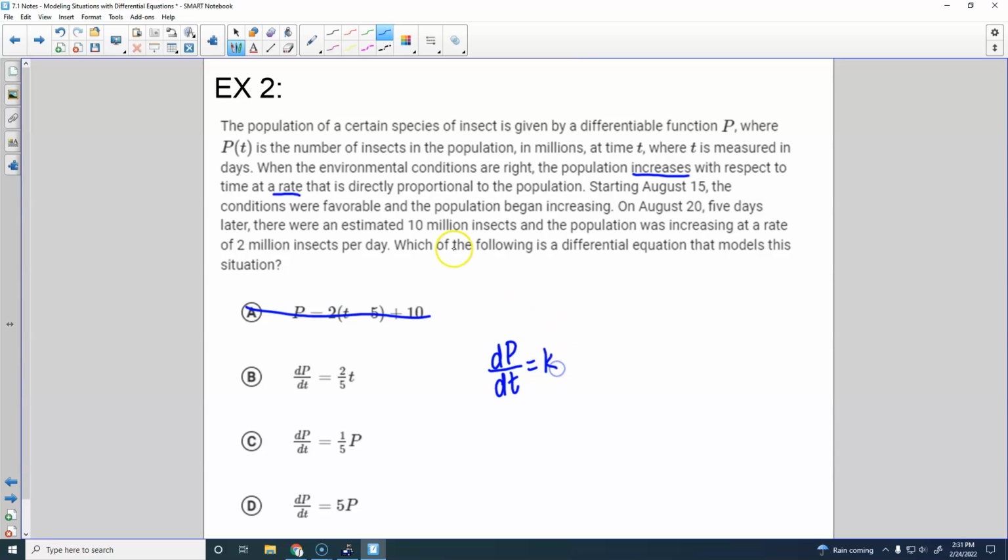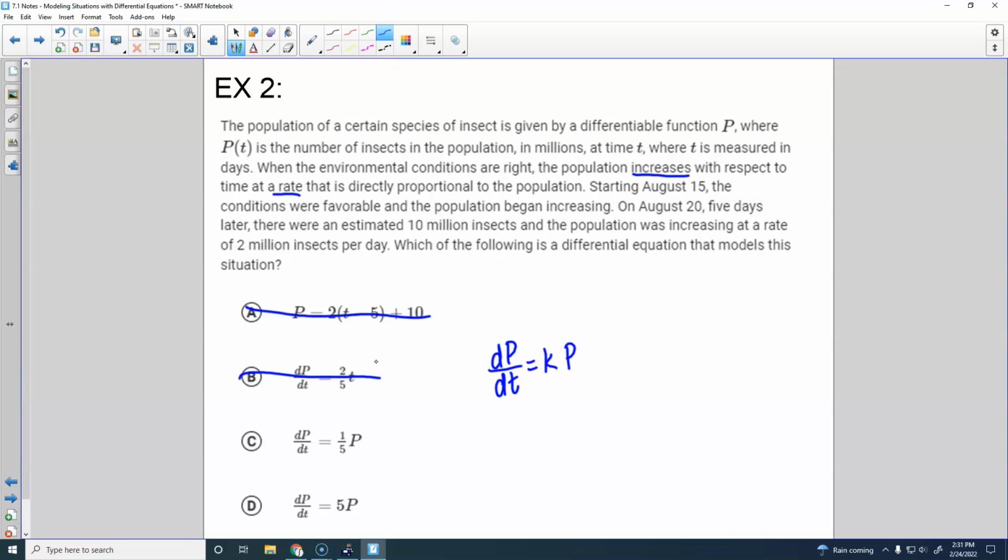The rate is directly proportional to the population, which is our P, not our T. So what, C or D? I can mark out B because B has the T there.